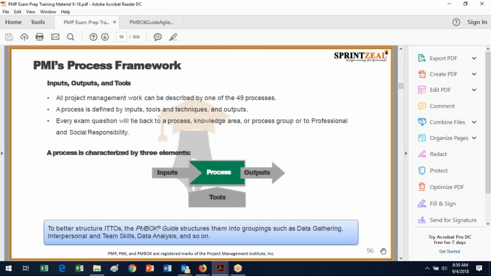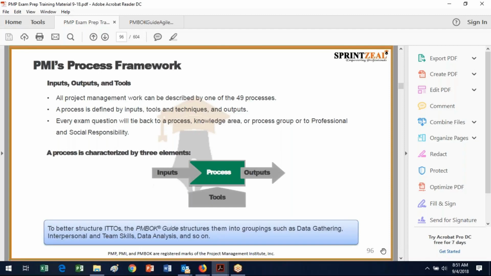So again, all project management work can be described by one of the 49 processes, and this is across any discipline, in any region, in any culture that PMI has encountered. And again, a process is defined, and I spoiled this a little bit earlier, with inputs, tools and techniques, and outputs. So again, most every exam question will tie back to a process, knowledge area, or process group, or to professional and social responsibility.